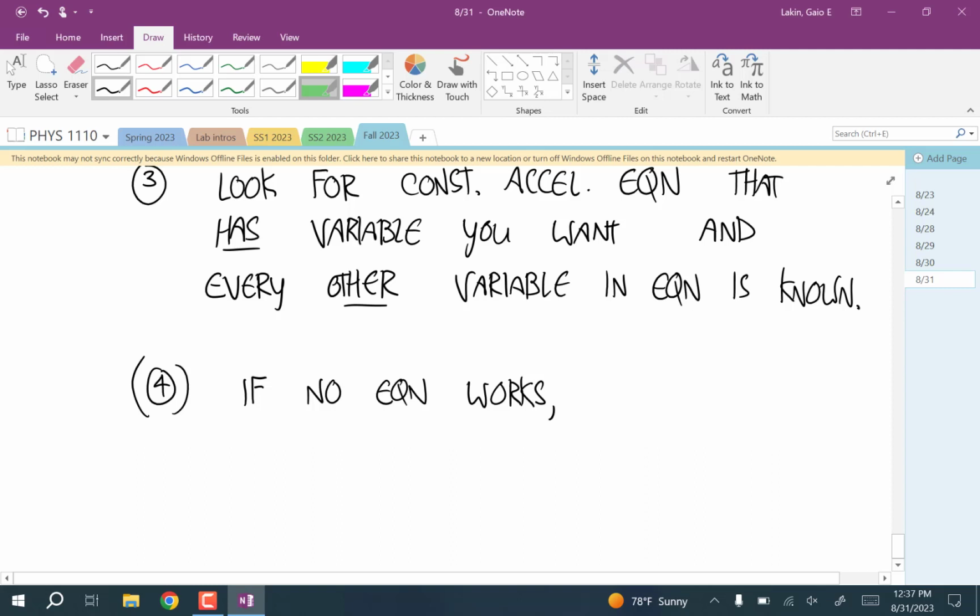Find an equation that will let you solve for TF or acceleration. And then go back to step 2. Now that you've figured out more information, maybe there will be an equation that works. And that's it. That's the whole process.